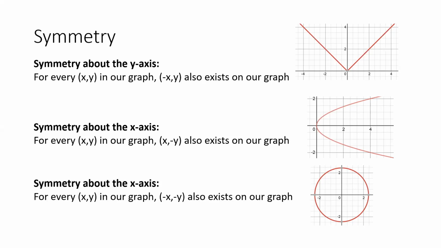Then finally, symmetry about the origin. If I'm trying to find symmetry about the origin, if a point exists, the negative x and negative y of that point must also exist on our graph. Usually when we're talking about symmetry about the origin, a circle is a pretty common thing to see, or an ellipse.